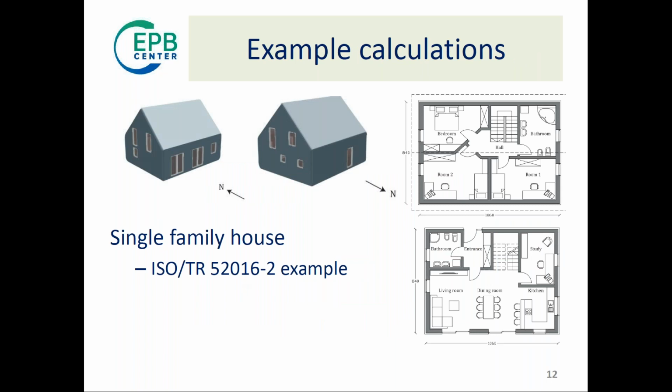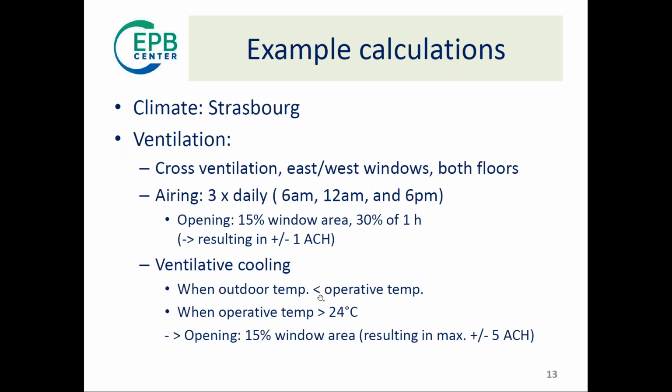Again, it's the same example as Dick showed already for his example calculation with the heat pump. The climate is Strasbourg, and the ventilation type that was chosen is, we assume that the east and west windows are openable on both floors of the building to a certain amount.